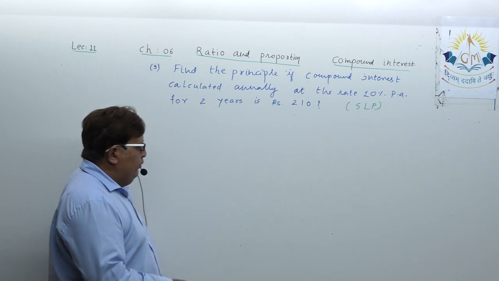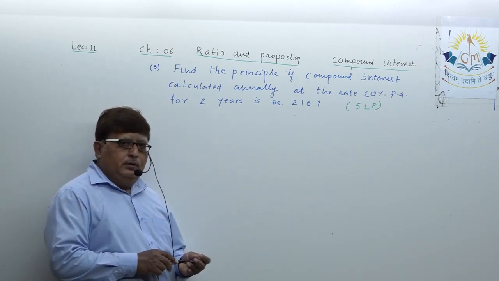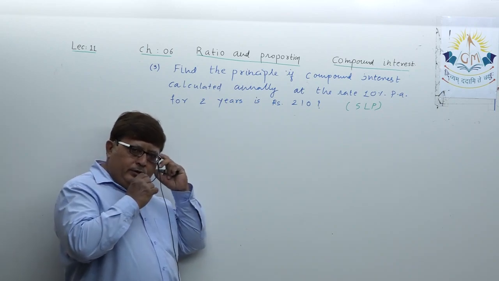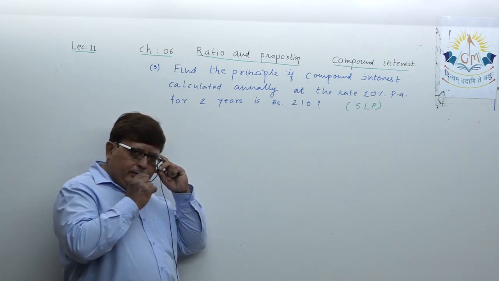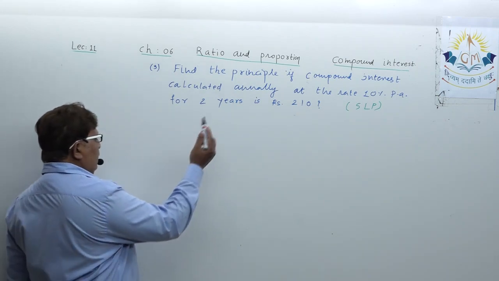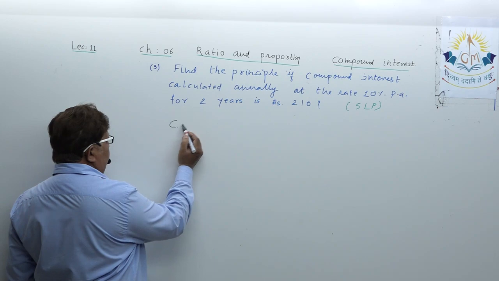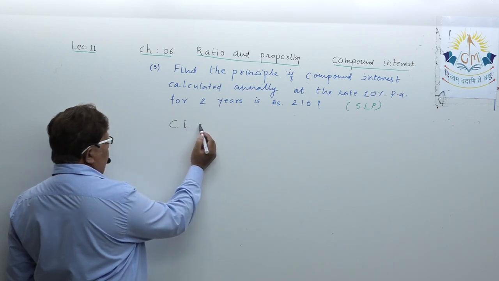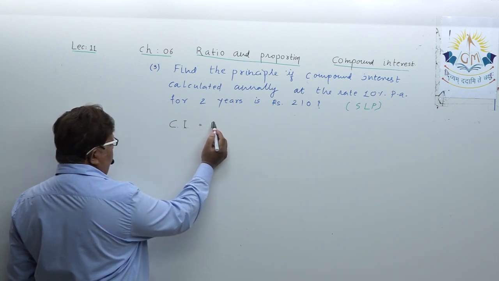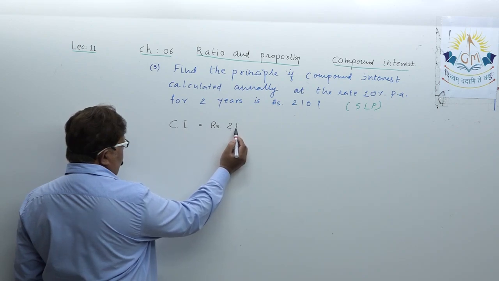First, dear student, the first step, representing the given data. What is given? We are given compound interest, that is given rupees 210.